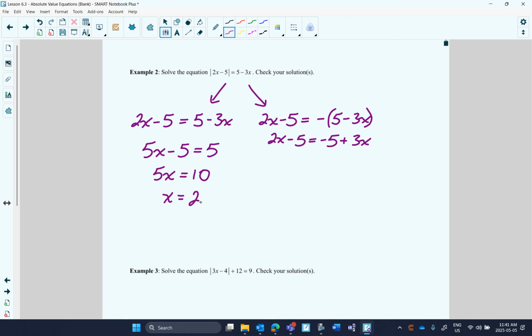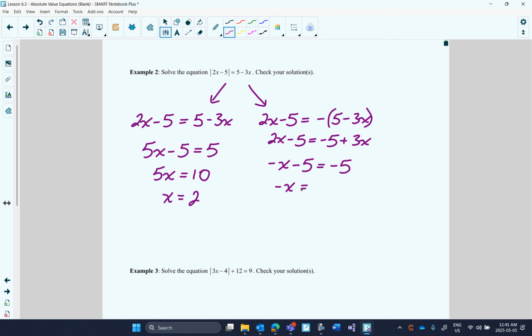What's the other potential answer? Well, this time I'm going to subtract 3x from both sides. So I get negative x minus 5 equals negative 5. Now what? Add 5 to both sides.